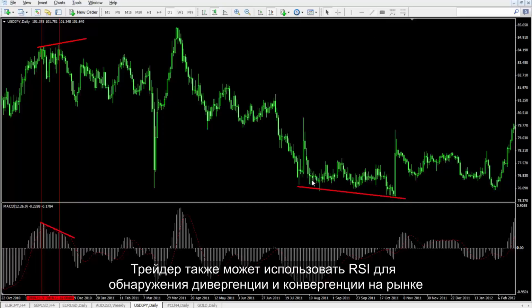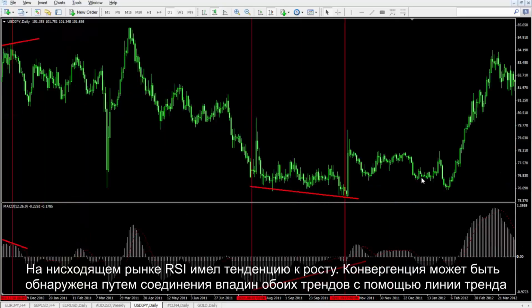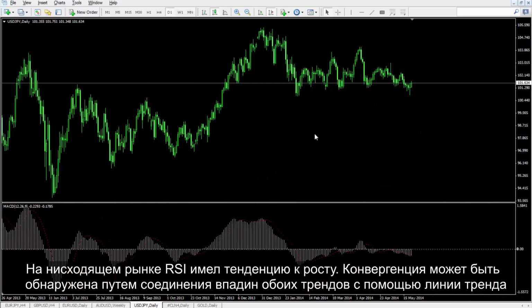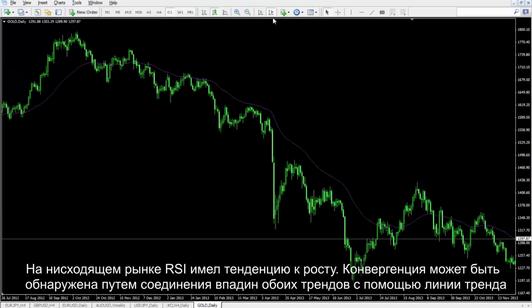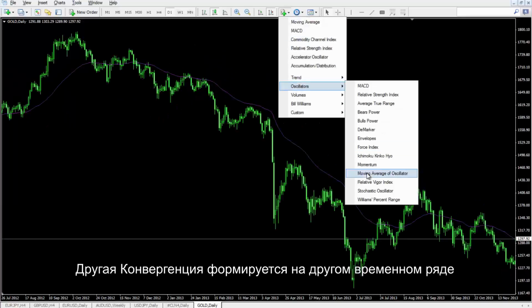A trader can use RSI to detect divergence and convergence on a market trend too. On a downward market trend, RSI has an upward trend. Convergence can be detected by connecting valleys of both trends via the trend line. Another convergence has formed on another time frame.